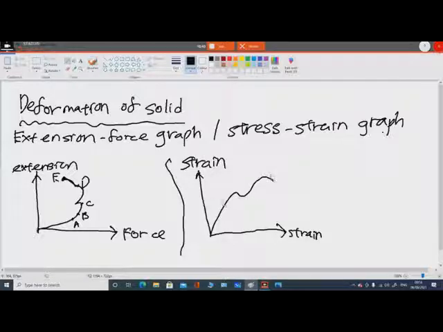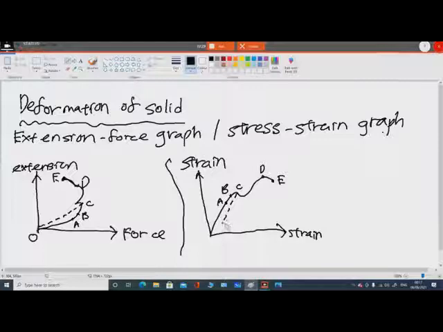So this is A, this is B, this is C, this is D, and finally E. From this C, we have the dotted line which is attached to the strain axis, slightly upper part from the origin.